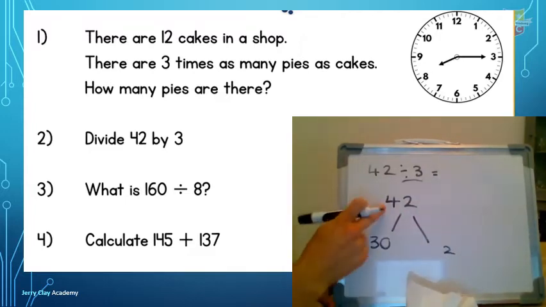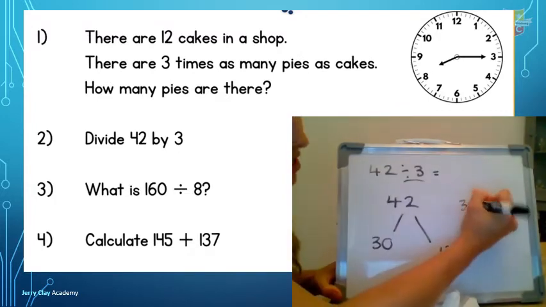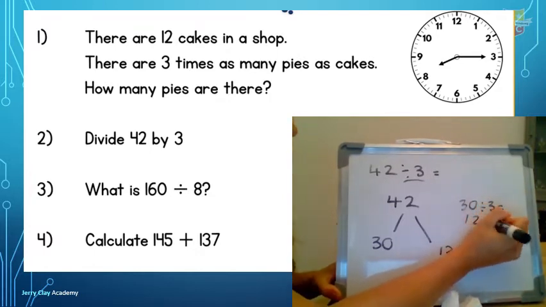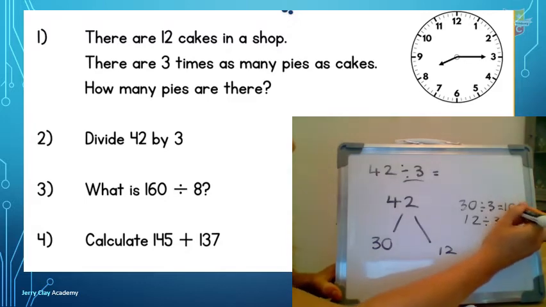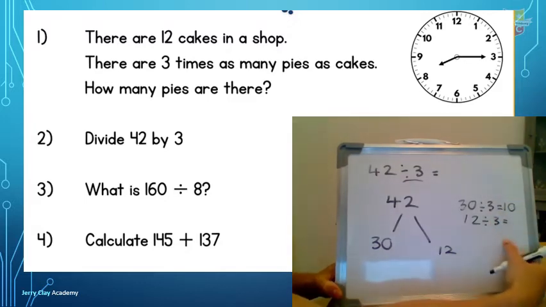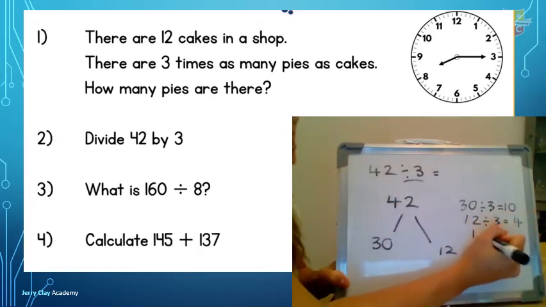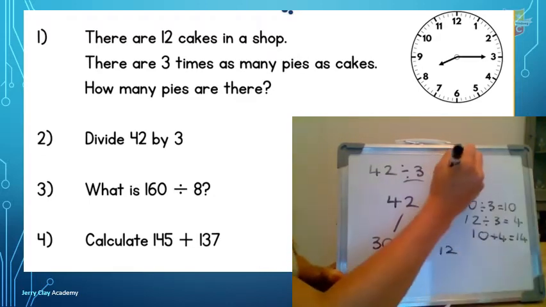I've got 3 tens, I want 4 tens, so I'm going to have 1 ten left over. So now I can do 30 divided by 3 and 12 divided by 3. I know 3 goes into 30 10 times, and I know 3 goes into 12, 3, 6, 9, 12, 4 times. I then add my 2 numbers together, so my answer is going to be 14.